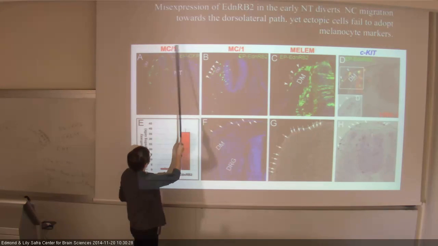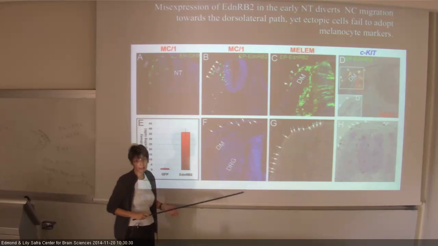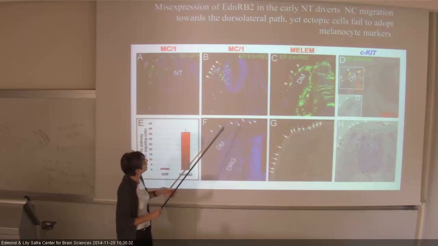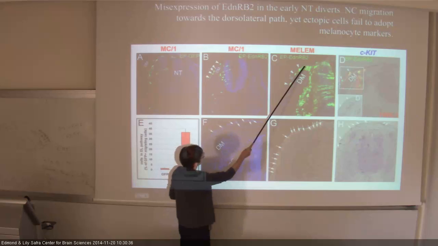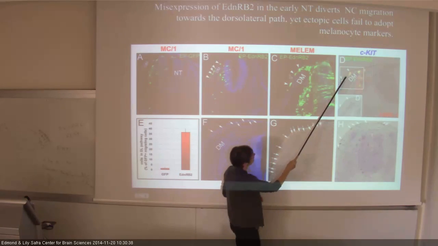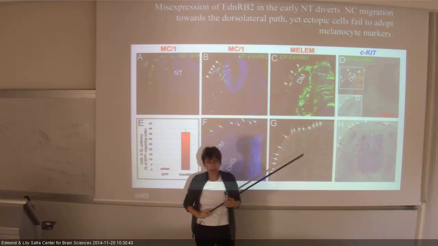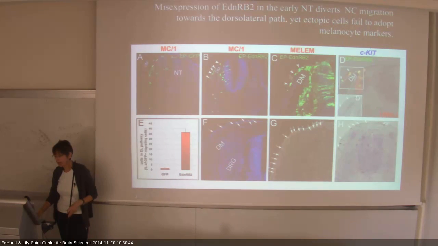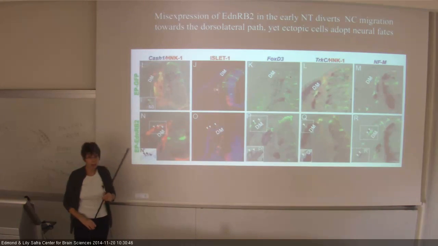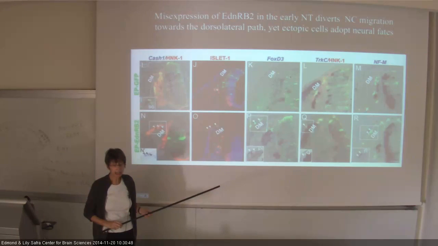So if we look at MC1, which is a melanocyte marker, we notice that these cells are MC1 negative, MELM negative, and c-KIT negative. These three markers are melanocytic markers. So even if we drive these cells to go to the subectodermal pathway, they are not going to become pigment cells.